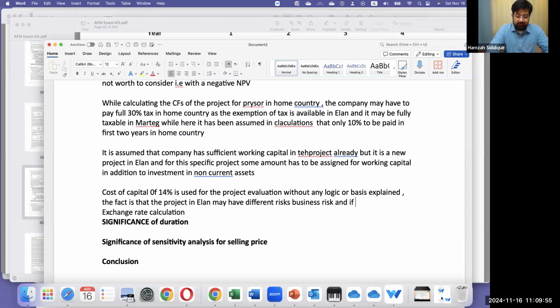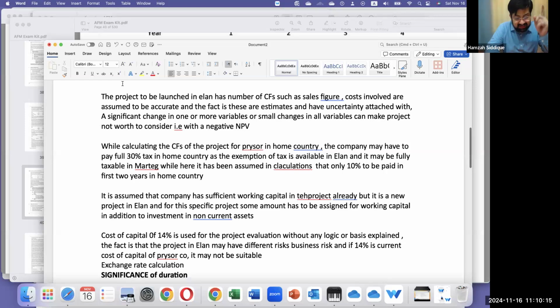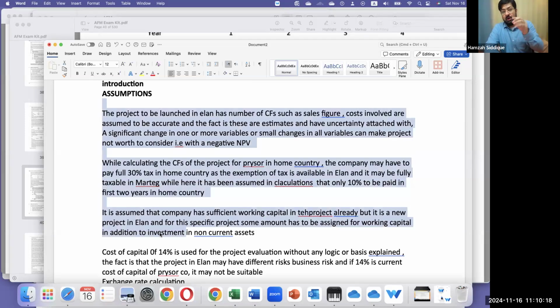And if 14% is the current cost of capital of Prysor company, it may not be suitable. You see, I have not written a single sentence from my side. We are doing evaluation of assumptions of what we have done based on our AFM knowledge. Framework is the AFM, but we're applying it to the scenario.